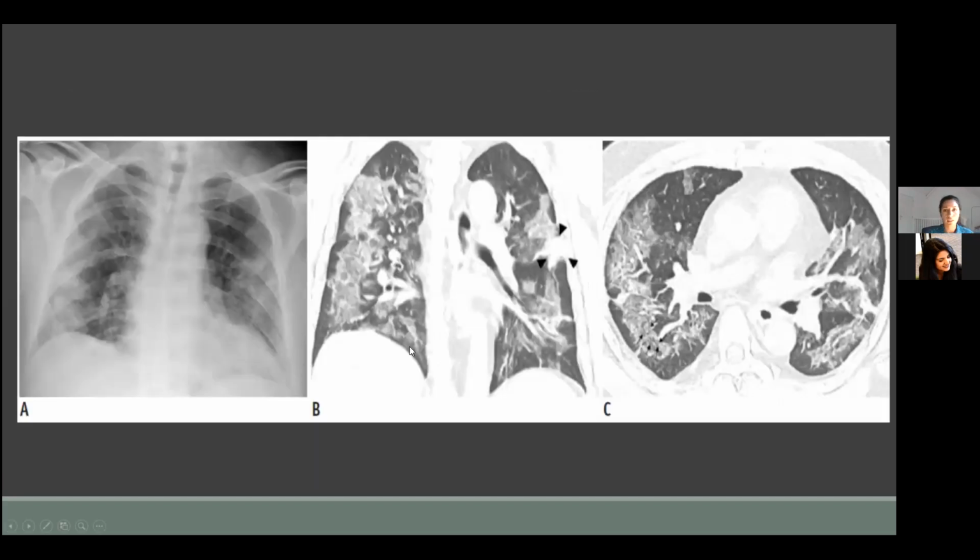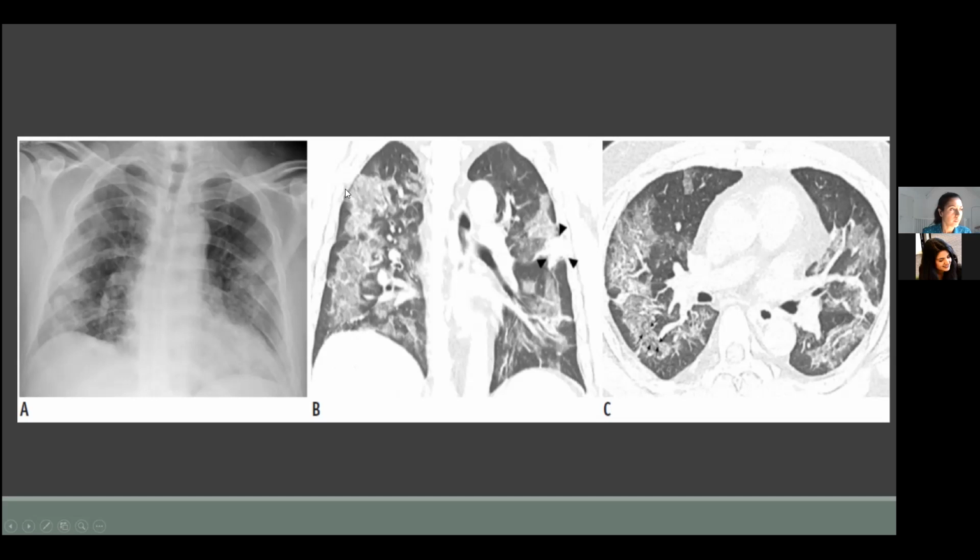So obviously this is an example of a more extensive disease. Typical findings in COVID pneumonia are ground glass opacities, as you can see here. You also see some consolidations here depicted by the arrows. You see that the subpleural space is spared in most cases.